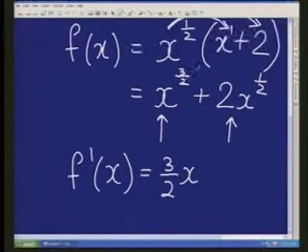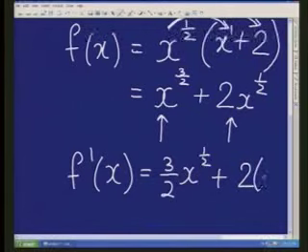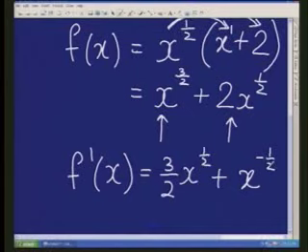So 3 over 2 minus 1 is just a half. Plus 2 times a half, and then we don't actually need to write this, we can do it in our heads. So 2 times a half is 1, and then x, a half minus 1 is minus a half. Right, there's our derivative function.